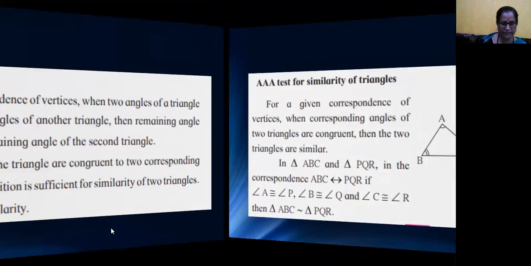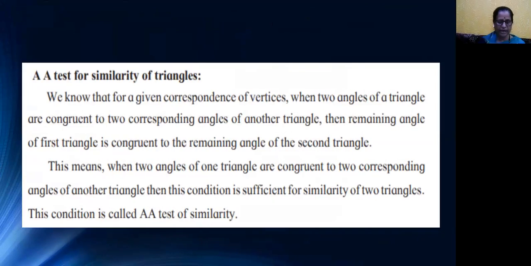In the next test, we are going to study the AA test for similarity of triangles. We know that for given corresponding vertices, when two angles of a triangle are congruent to two corresponding angles of another triangle, then the remaining angle of the first triangle is congruent to the remaining angle of the second triangle.